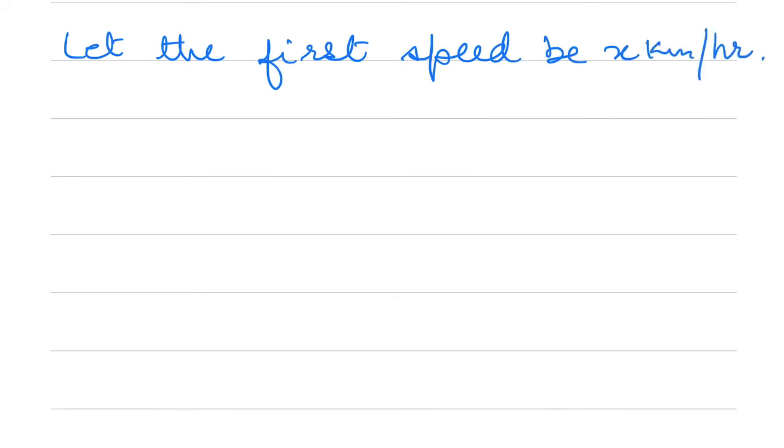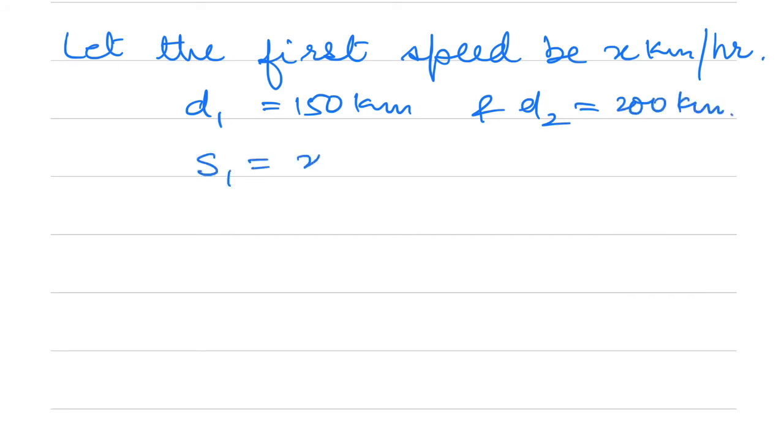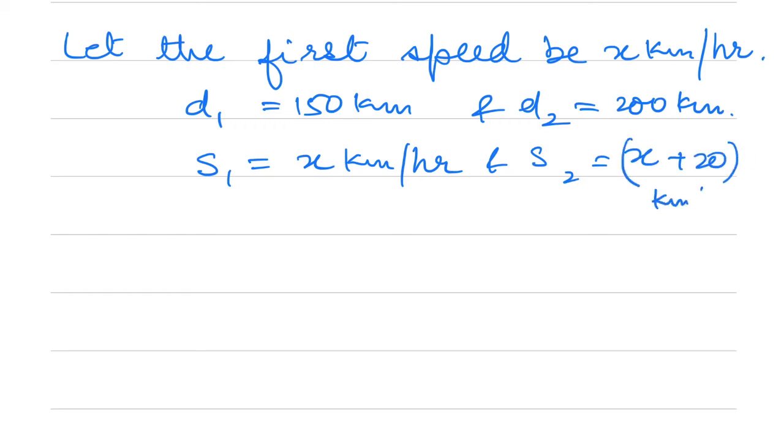We have distance 1 as 150 kilometers and distance 2 as 200 kilometers. Speed S1 is equal to x kilometer per hour and speed 2 is equal to x plus 20. It travels with 20 kilometer per hour more, and the total journey is covered in 5 hours.